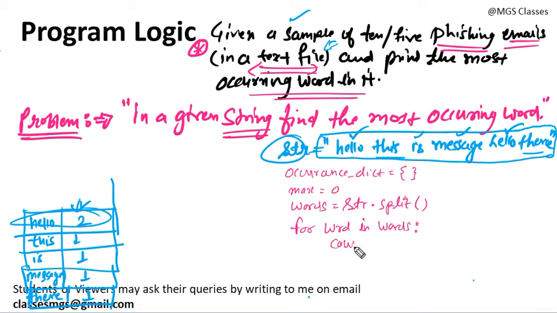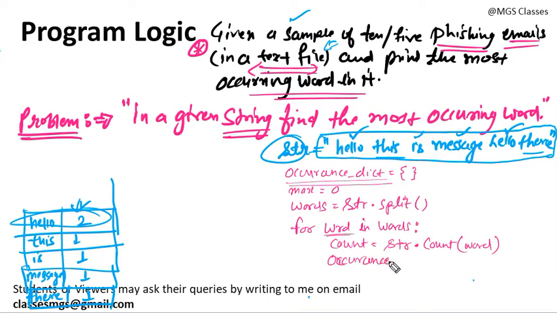So you get the count equals str.count, and you will pass this word here, and it will count the number of times the word occurred in this particular string. Then you are going to make this entry into this occurrence dictionary.